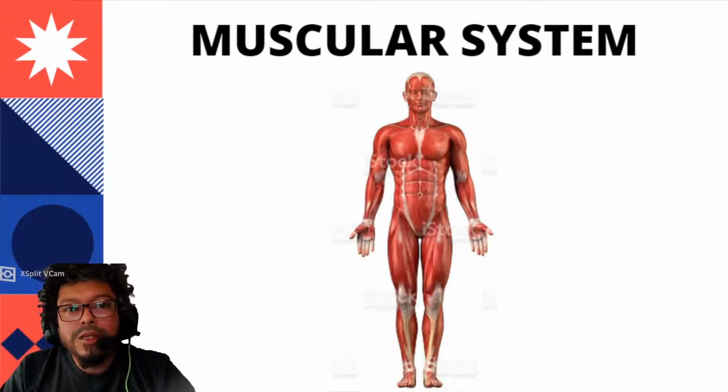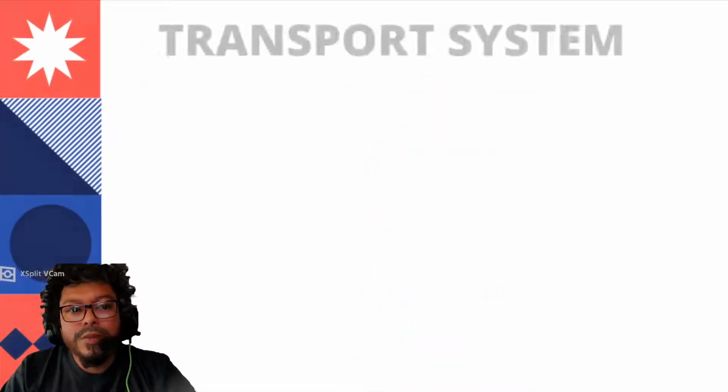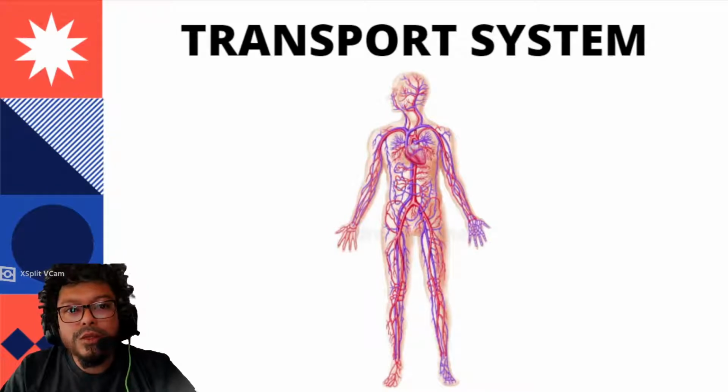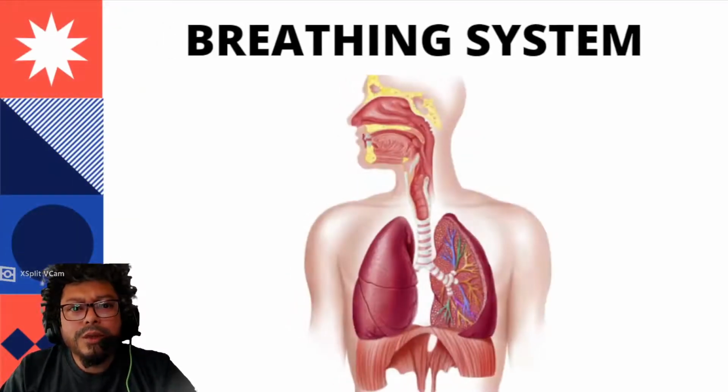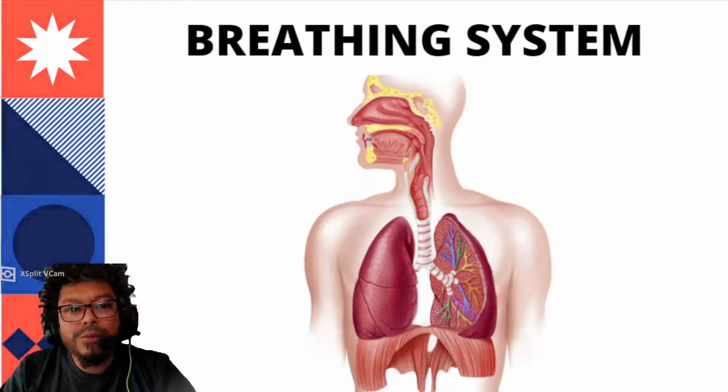It consists of muscles in our body. This is called muscular system. Next would be transport system. To transport what? We shall learn this in our future lesson. Next will be breathing system. This will show how we are able to breathe, and what things are needed so we can breathe.